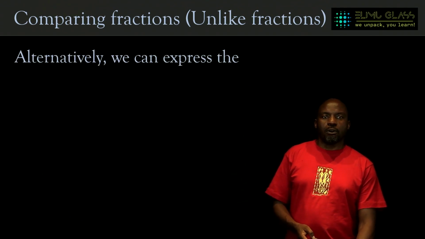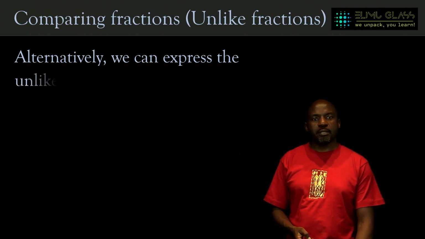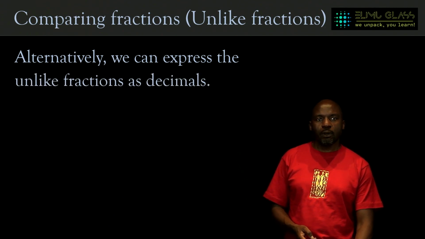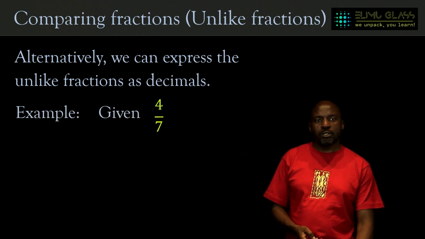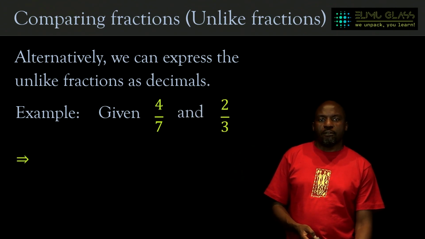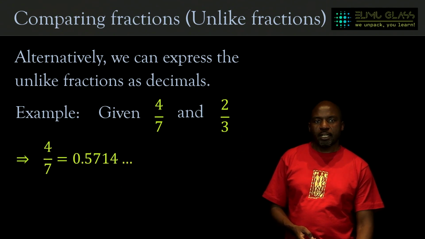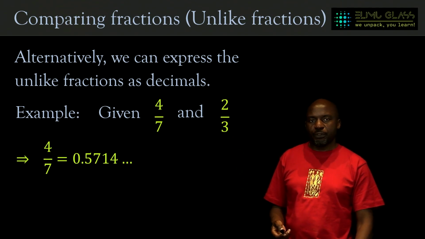Of course, an alternative way is to express the 2 fractions as decimal numbers. If we convert them to decimals, 4 over 7 can be expressed as 0.5714, and it continues. We don't need all the decimal places, just the first few.